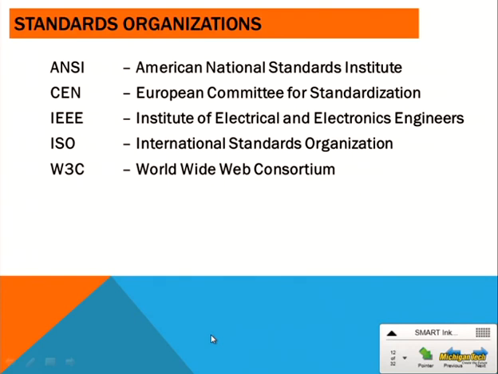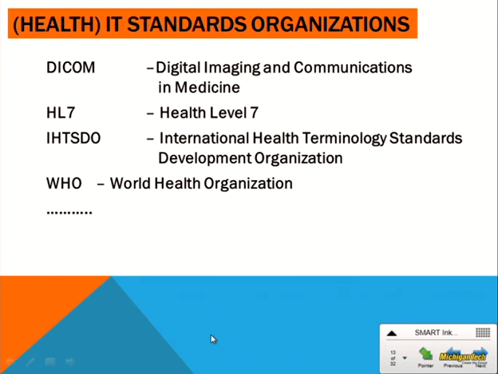ISO is also the same. They do not make just one. But there are some organizations that specialize in health information systems. For example, the first one is DICOM. This is a standards organization especially for health informatics. DICOM is Digital Imaging and Communications in Medicine. If you work on images, there is an image format called DICOM. That's based on the DICOM standard.